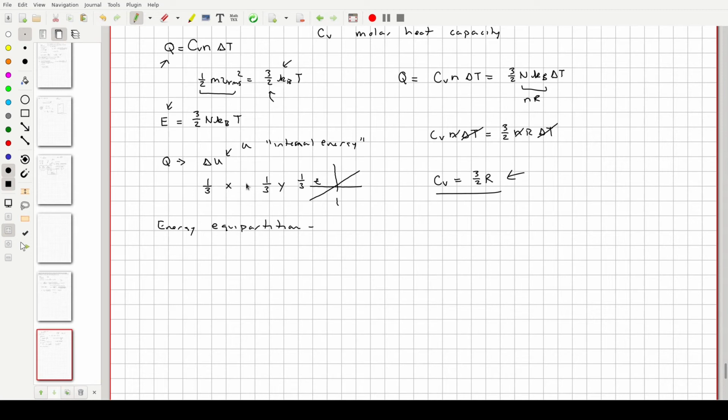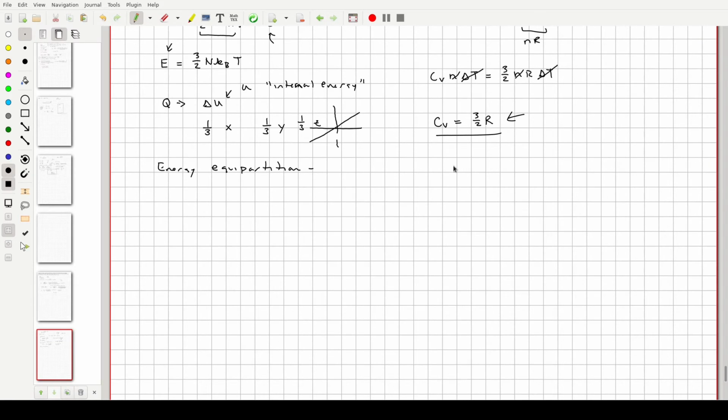Now, x, y, and z are directions that you can move. We call them degrees of freedom. So, in general, I'll put d/2 times R, where d is the degrees of freedom.